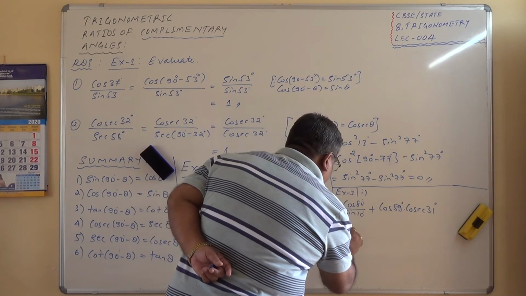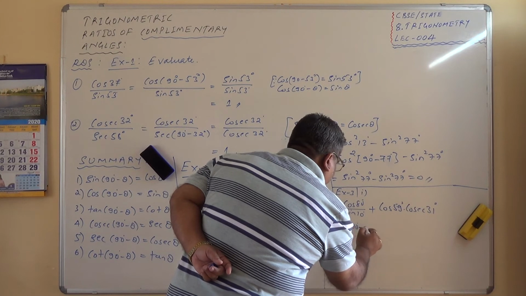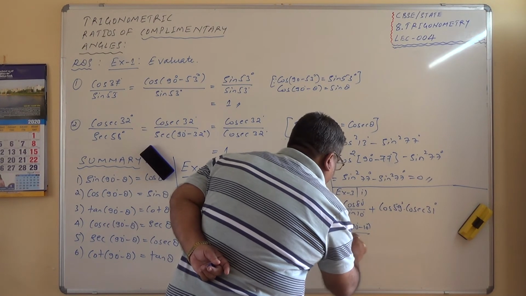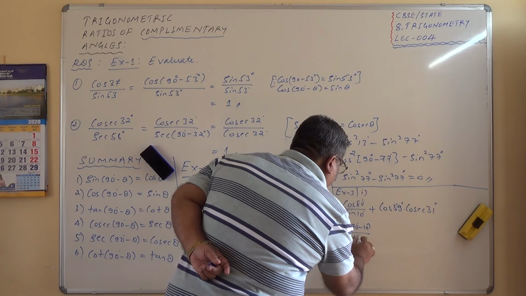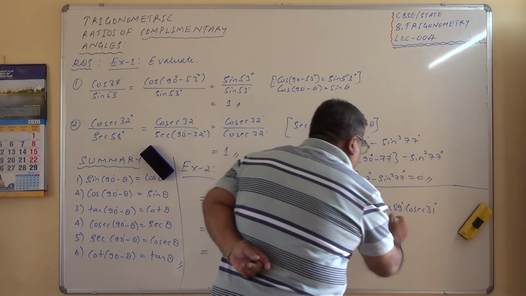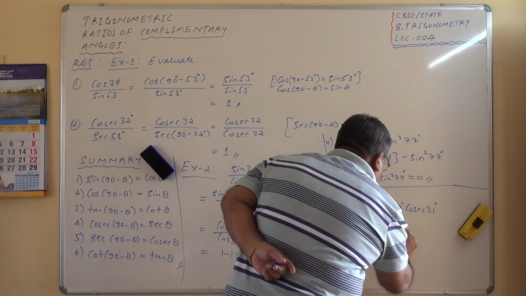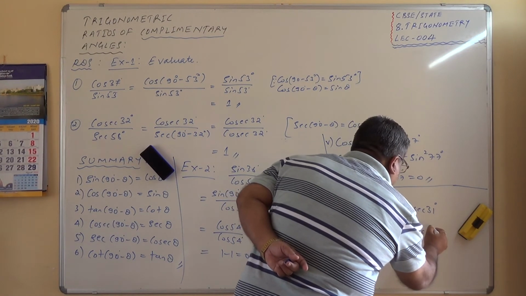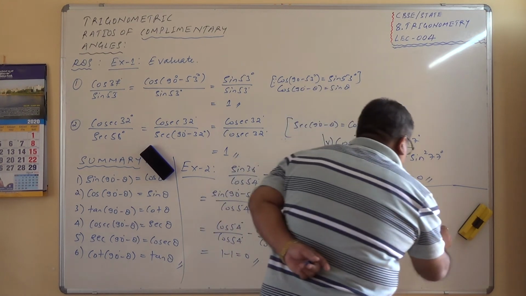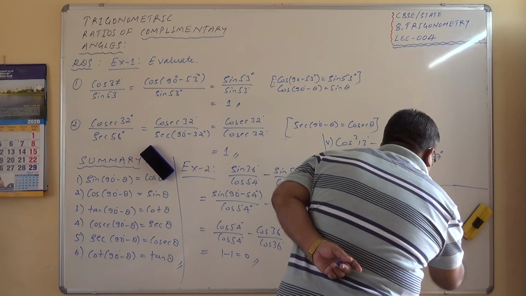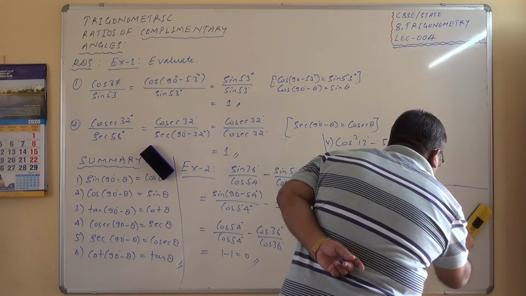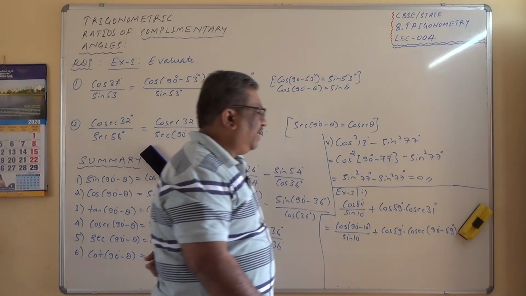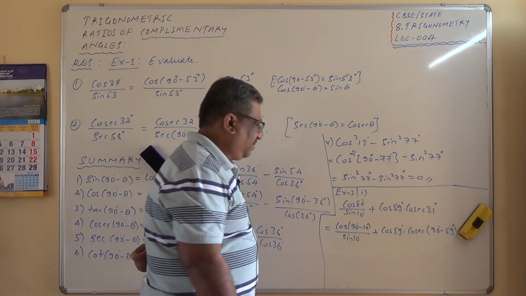Cos of 80 can be written as cos of 90 degrees minus 10 degrees divided by sin of 10 degrees plus cos of 59 degrees into cosec of 31, which can be written as 90 degrees minus 59 degrees. Check, 90 minus 59 is 31 degrees.